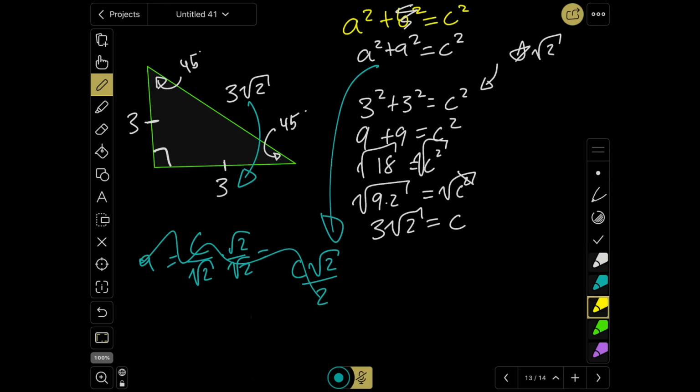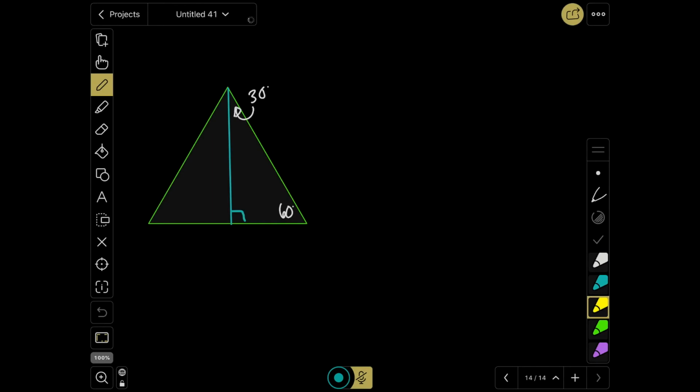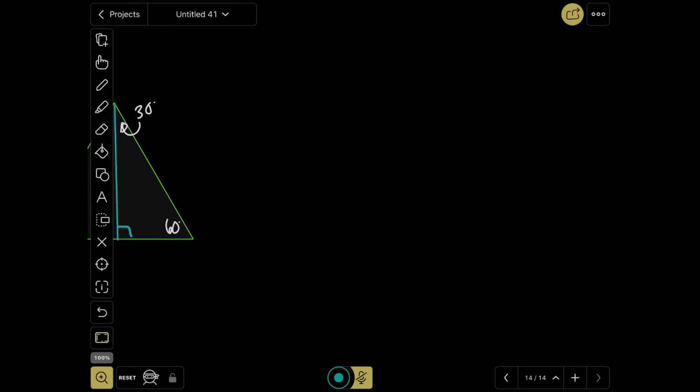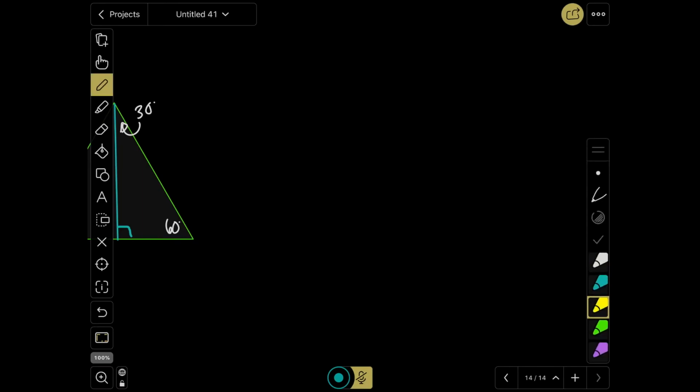Yeah, fun stuff. Big reveal. I'm a pickle. No, I'm not a pickle. The big reveal is that we've been looking at this 30, 60, 90 triangle just like this, and I'm surprised that no one figured this out. This bottom section here is going to be half of this hypotenuse. So this side here is half c.